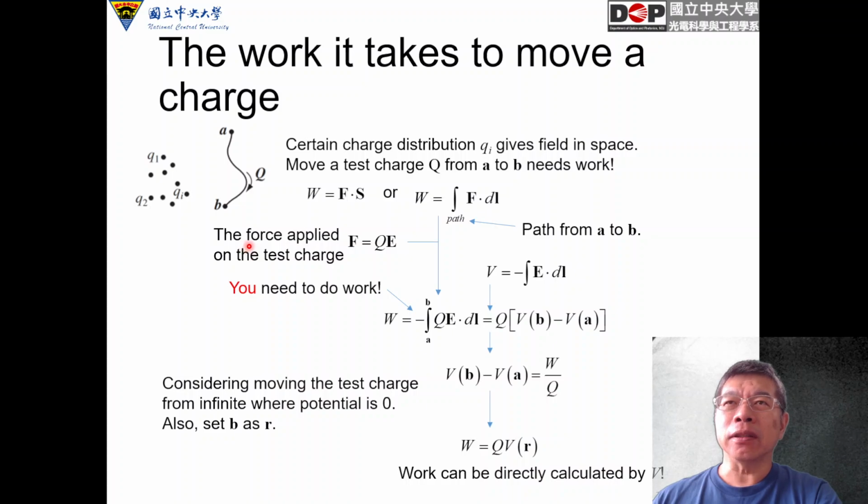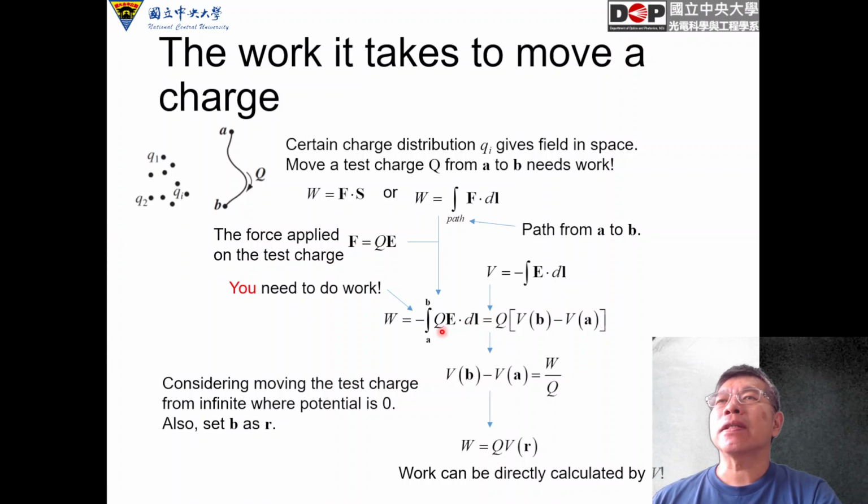The force applied on the test charge is the charge times the electric field. So the total work done from A to B is the integral of QE, which is the force, in product with the path.